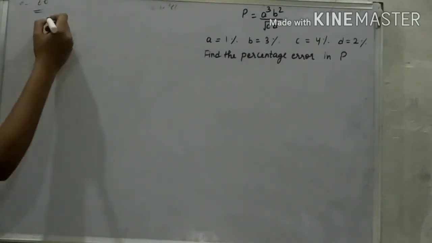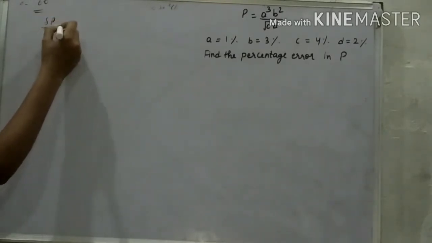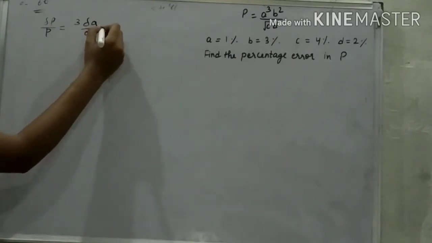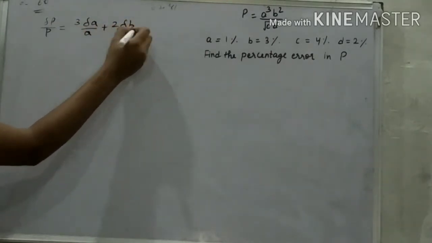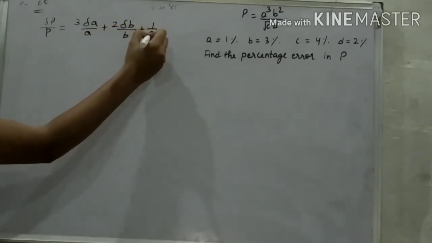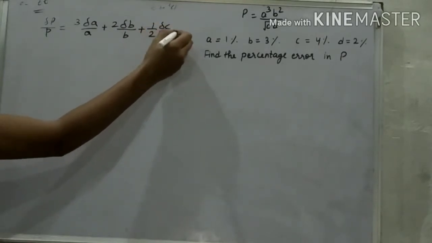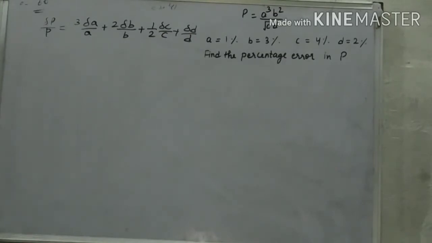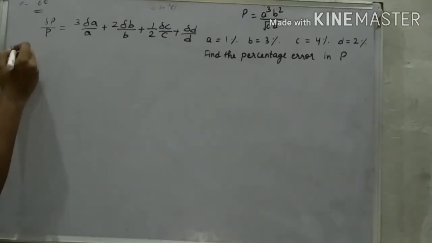The formula will be del P upon P is equal to 3 del A upon A plus 2 del B upon B plus 1 by 2 del C upon C plus del D upon D for fractional error. The percentage is given now, so we will convert this into percentage by multiplying by 100.